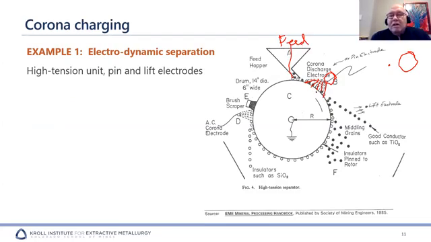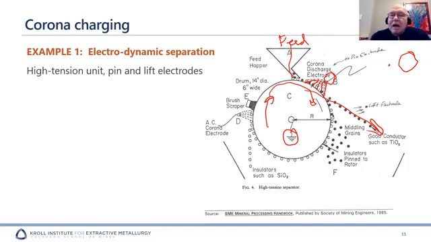So it comes onto the surface. This rotating drum is grounded. And so as soon as these particles are charged, immediately, remember the conductors will conduct, and so they will lose their charge immediately. So as this wheel turns, it throws off the conductors.